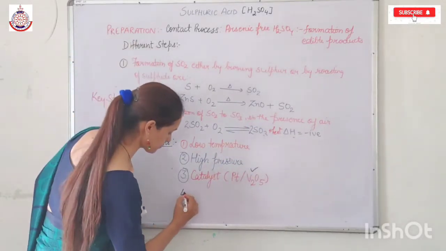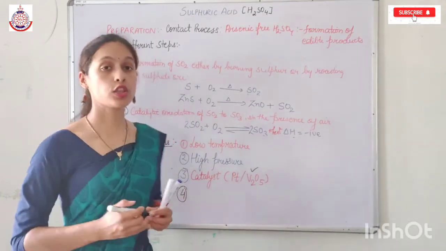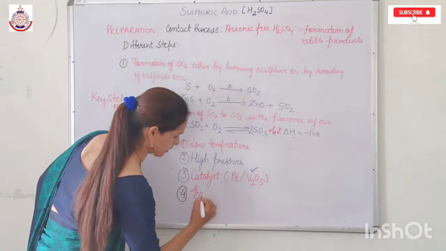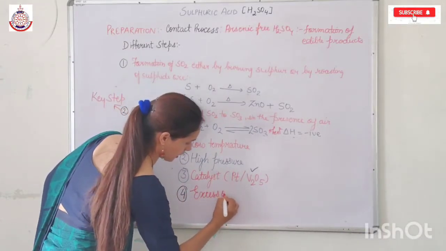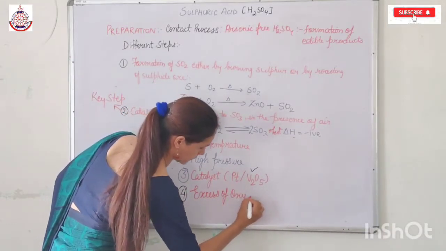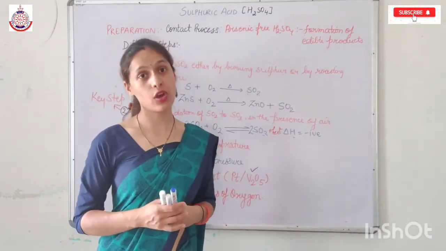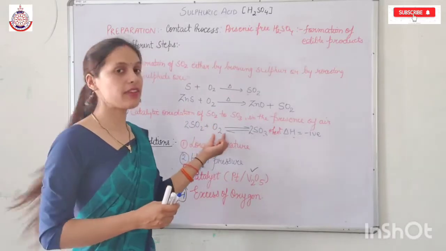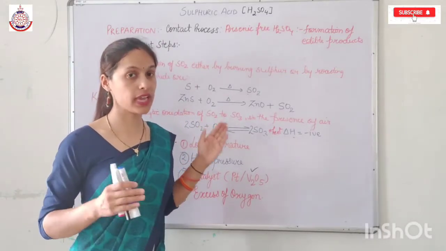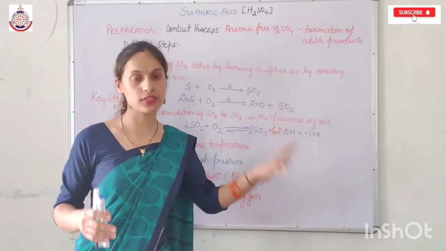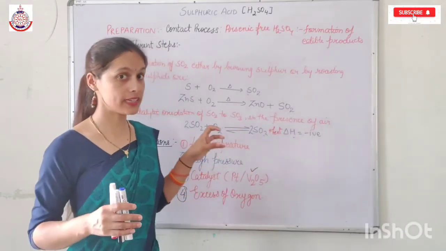Now the fourth one is excess of oxygen. If we have excess oxygen, then we get a good yield of sulfur trioxide.